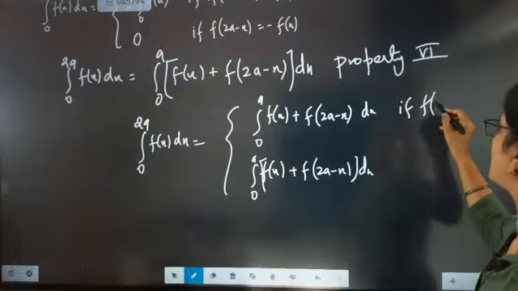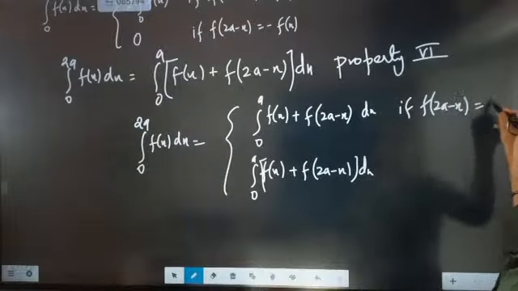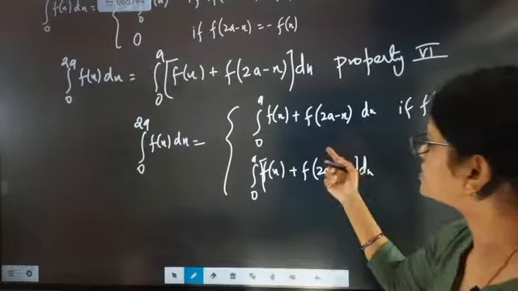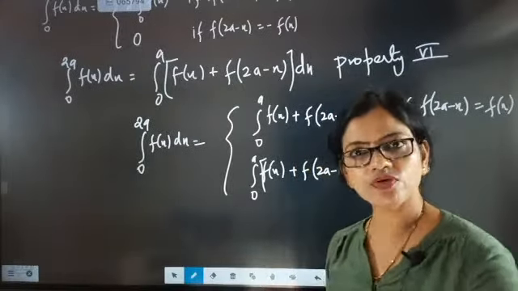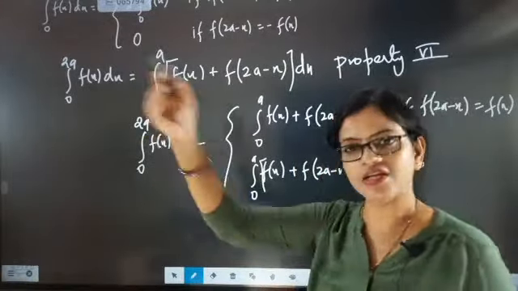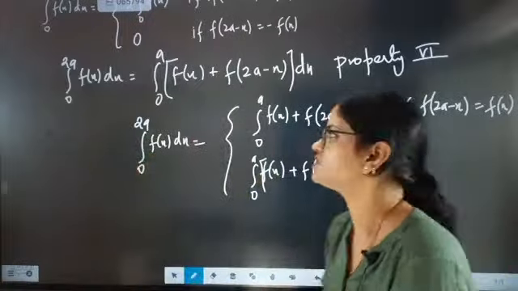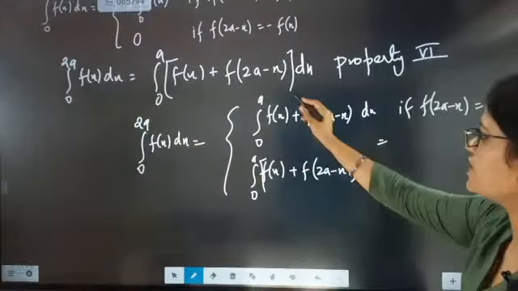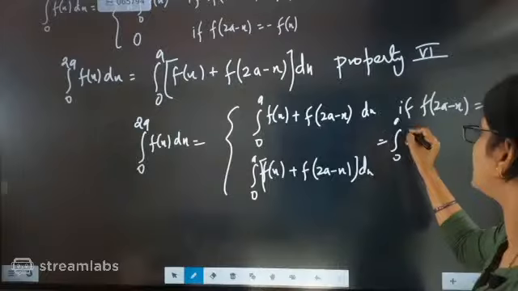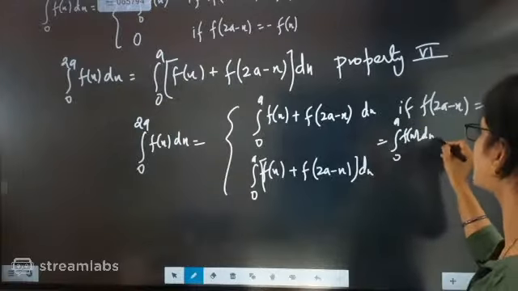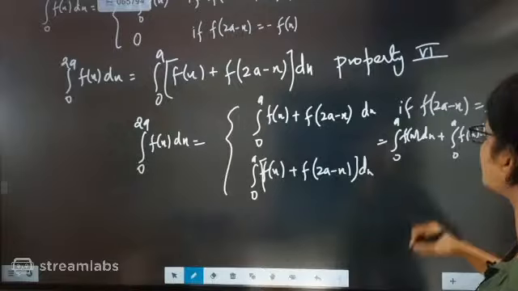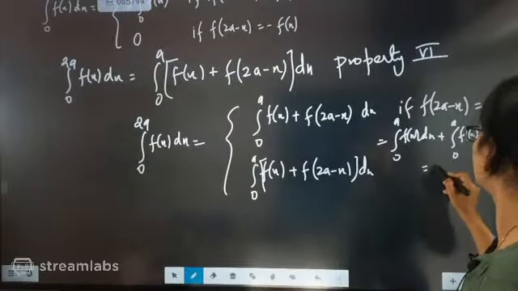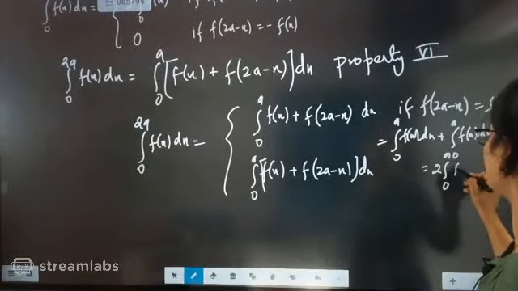In both conditions we have written this, but if f of 2a minus x becomes f of x, that is, if substituting 2a minus x gives you the same function again, then this part will be written as the integral from 0 to a of f of x dx plus the integral from 0 to a of f of x dx. So it is exactly twice the integral from 0 to a of f of x dx.